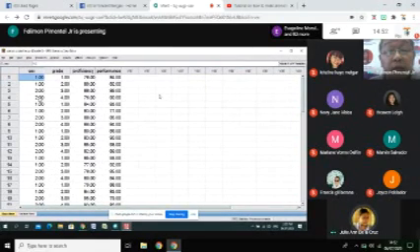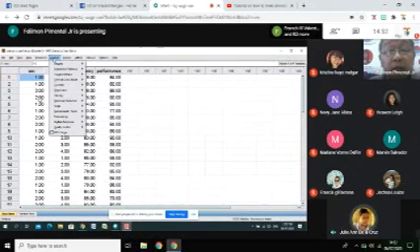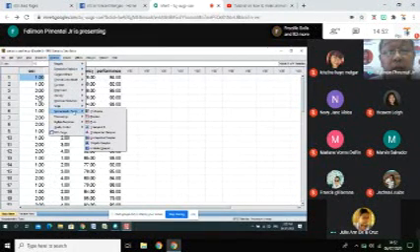To have the Mann-Whitney U statistic, go to Analyze again. From Analyze, we go down to Nonparametric Tests. In the nonparametric tests, we go to Two Independent Samples, since there are two independent samples, the male and the female.